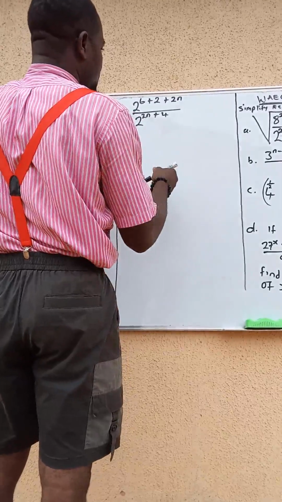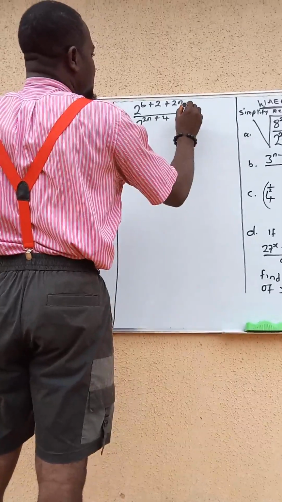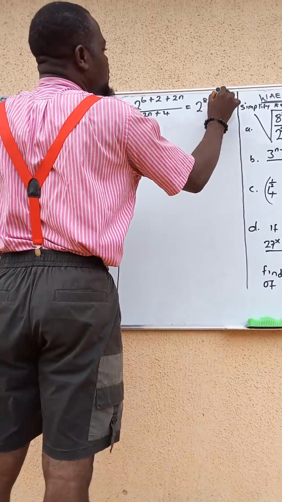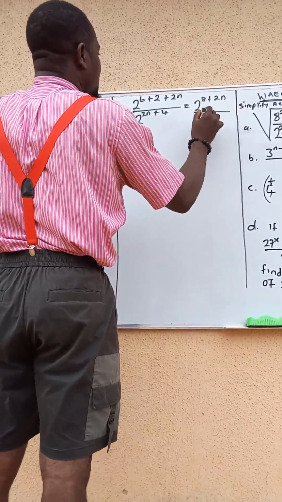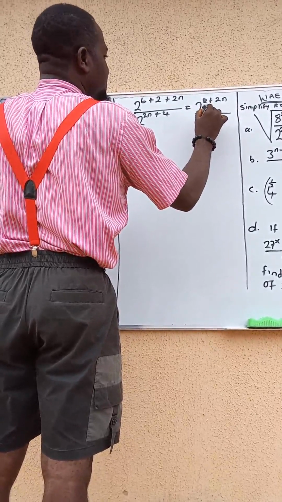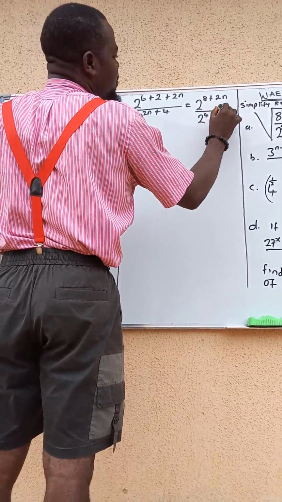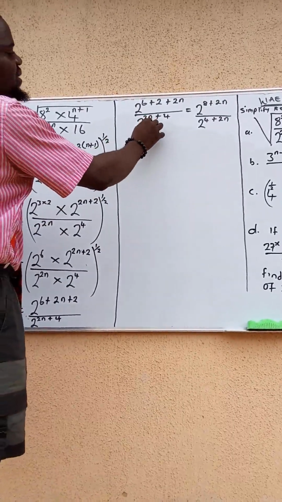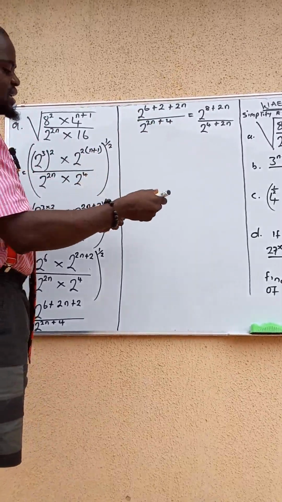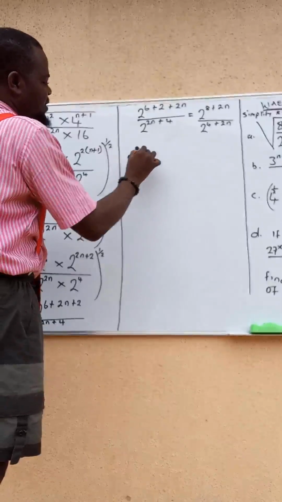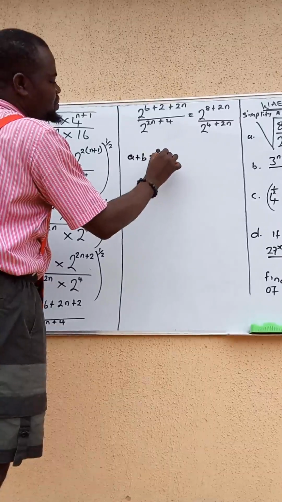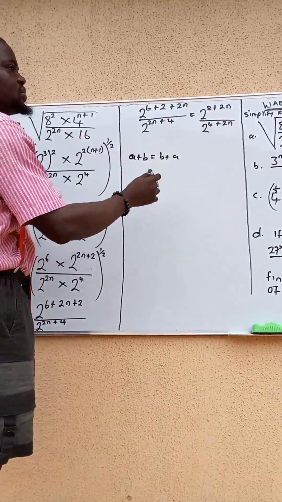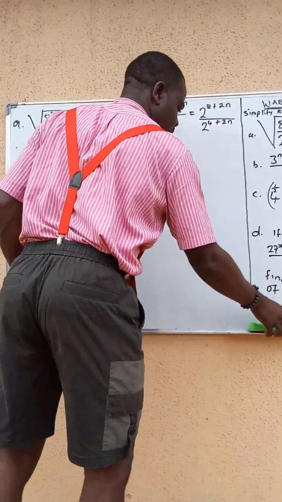So 6 plus 2 is equal to 2 raised to the power of 8 plus 2n, over 2 raised to the power of 4 plus 2n. Some people say that this 2n was here before. I have to bring it because in mathematics, a plus b is the same thing as b plus a. So 2n plus 4 is the same thing as 4 plus 2n. I want it to be arranged. Good.